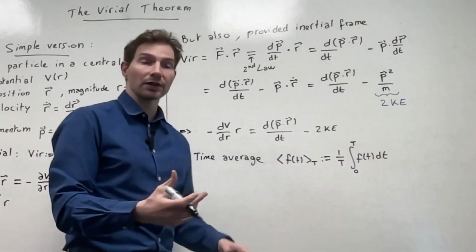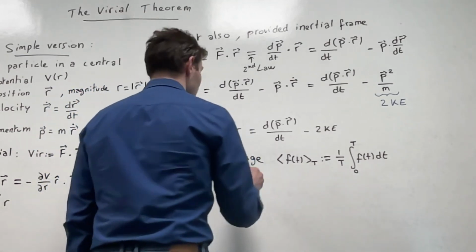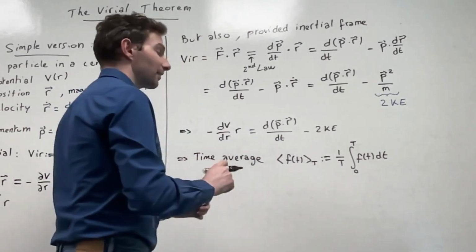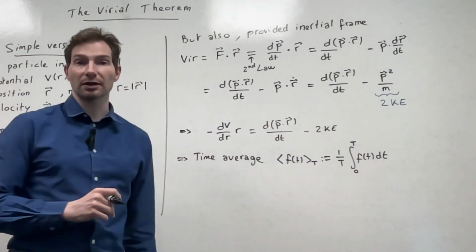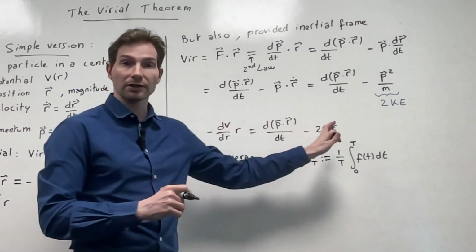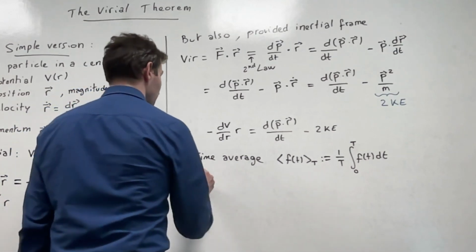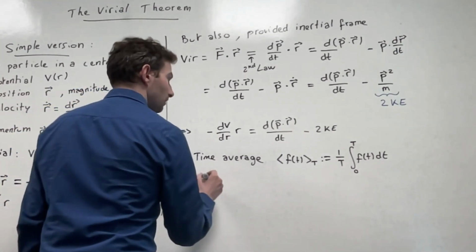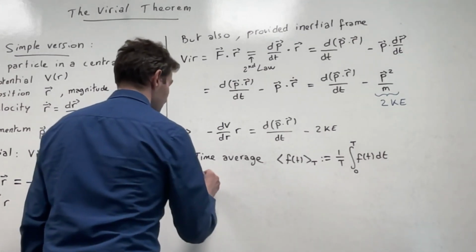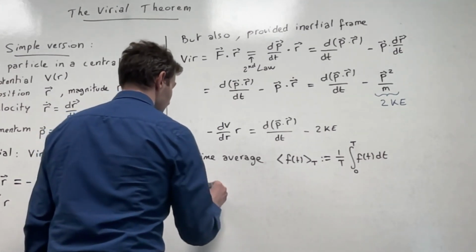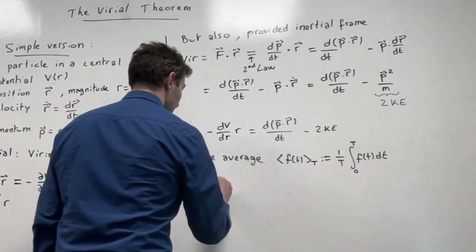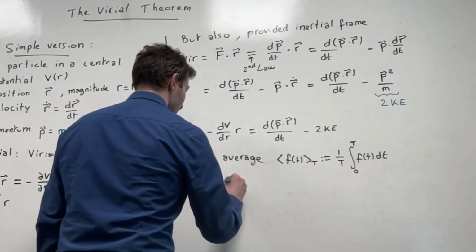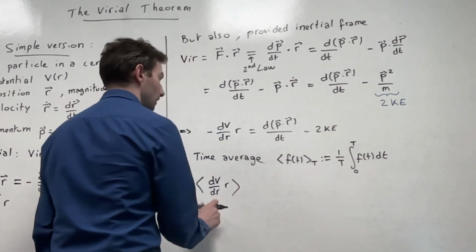So what people do then is they say, well, let's have a look at what happens if we take the infinite time average of this equation. Okay, so basically you're going to have minus, and in fact, let's continue with the minus, dV/dr times r.